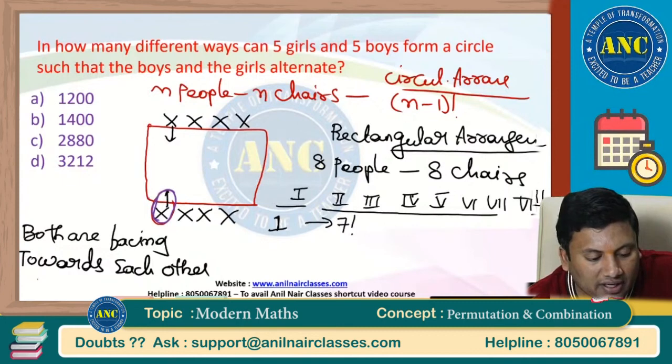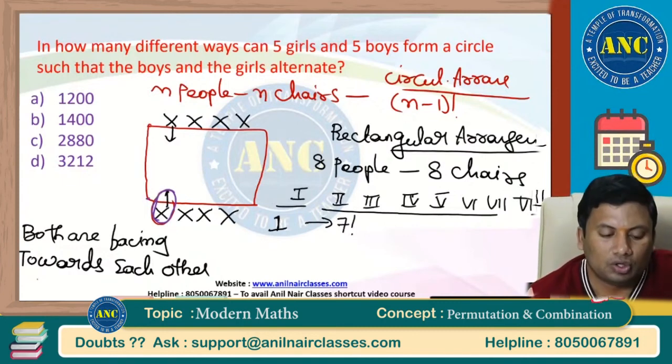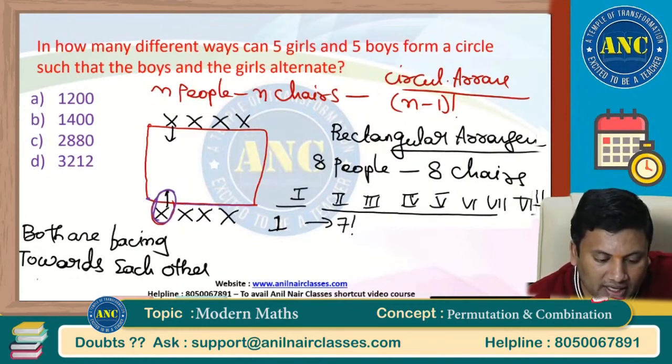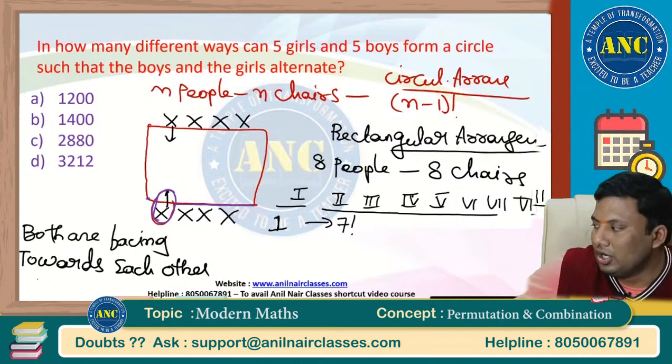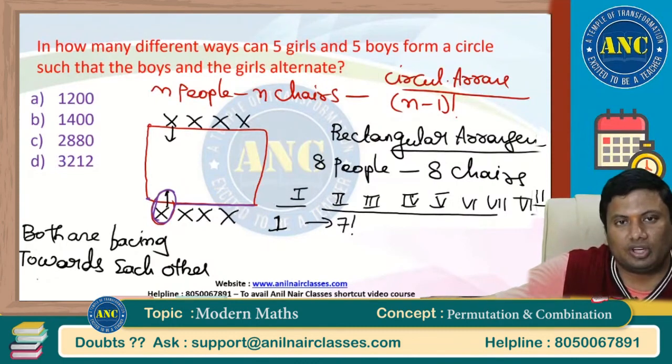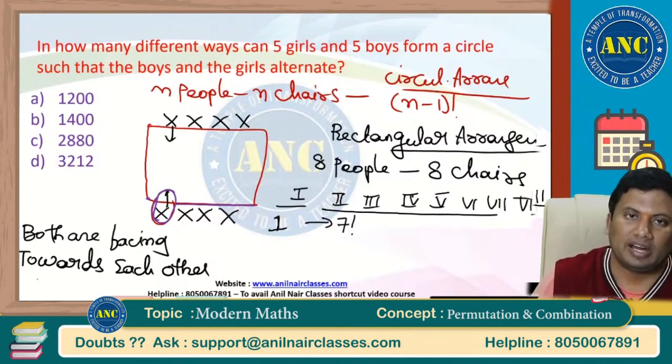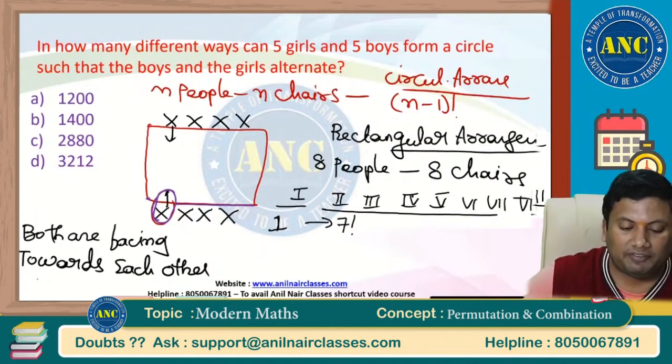To the left of Anil Nair there is an edge, and to the right of Anil Nair there are 3 people. Yes or no? Right? So to the left of Anil Nair, 1 edge, and to the right side, 3.